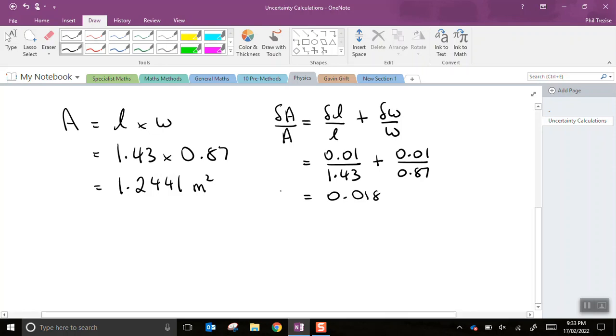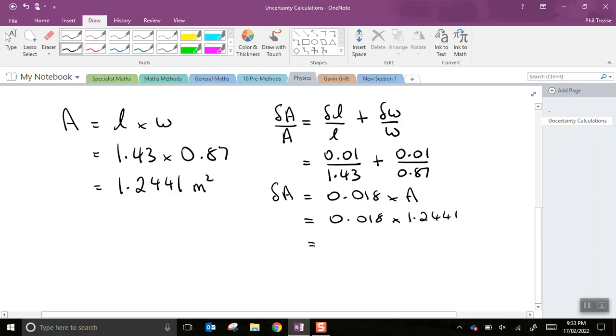Now, I'd like very much to convert this back into an absolute. So I multiply by the area. Remember that number was delta A over A, the uncertainty in area over area. So when multiplying that through, I need 1.2441.